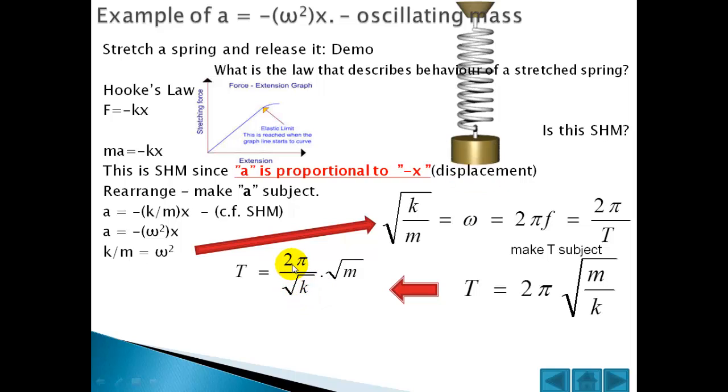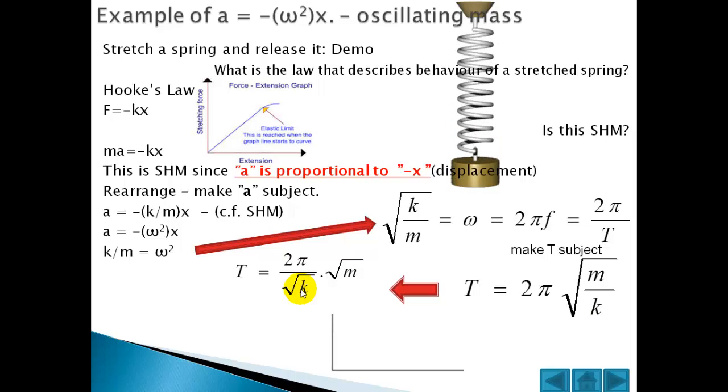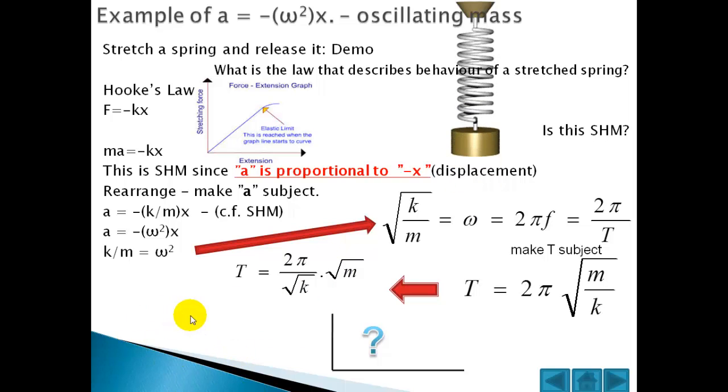And if we know that the gradient is 2 pi over root k and we find the value for the gradient, we can work out what the square root of k is, and therefore we can find out what the value for k is. So we're going to plot a graph. What will the axes be to produce this straight line graph? Well, the y value has to be T, the x value has to be the square root of m, and the gradient will be equal to 2 pi over root k.